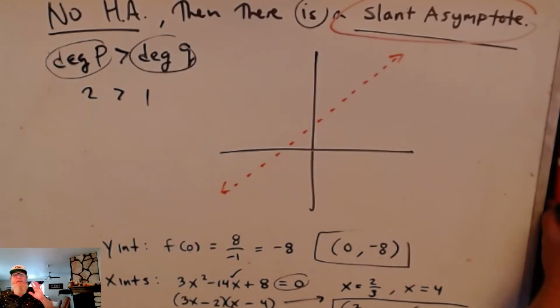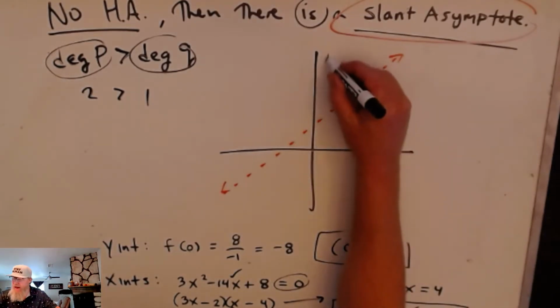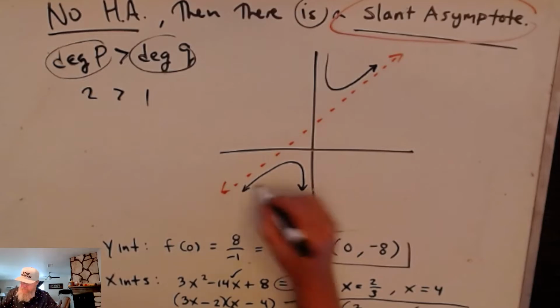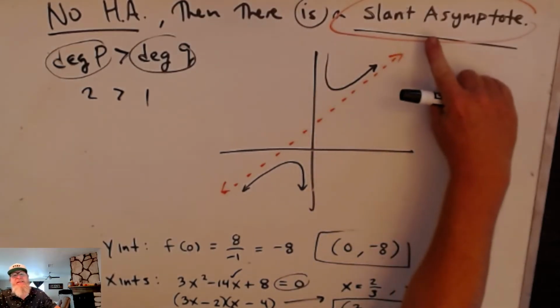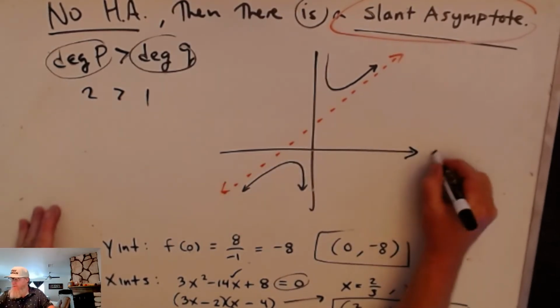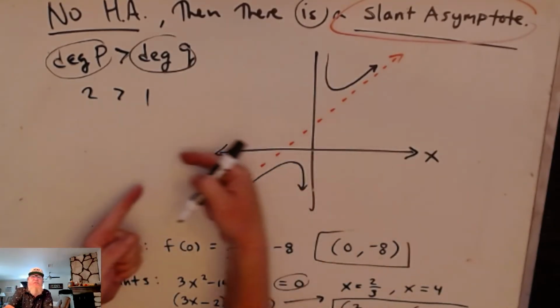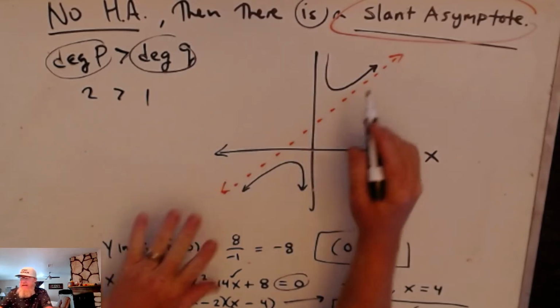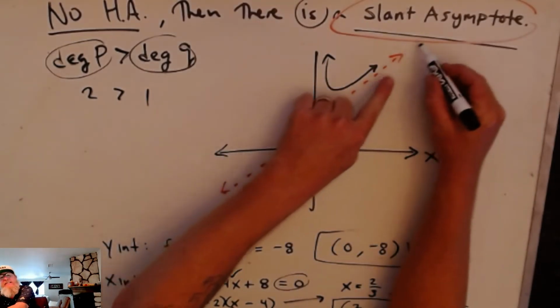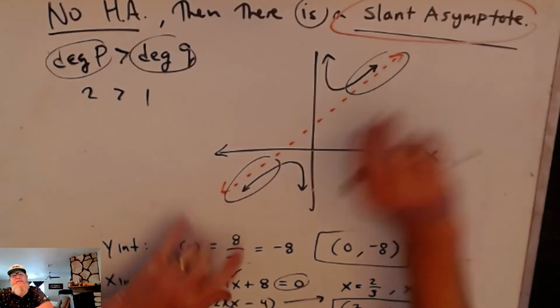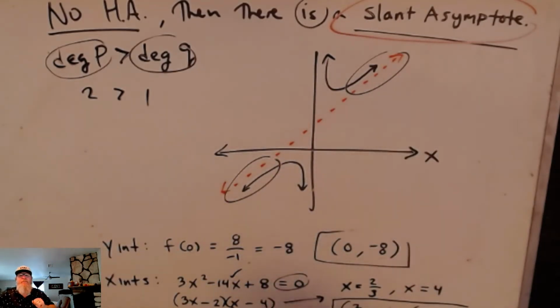And so basically what happens is the graph kind of has a tendency to get close to this line as you go towards infinity. So as x goes towards infinity or as x goes towards negative infinity, the graph has a tendency to get closer and closer to this line. So it kind of hugs up against it. We call that a slant or an oblique asymptote.